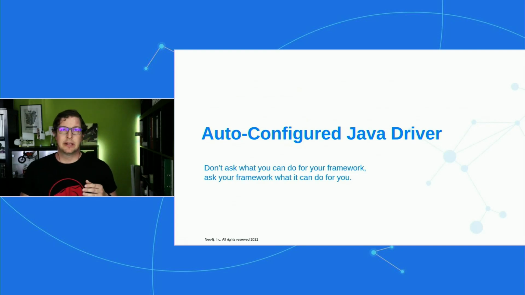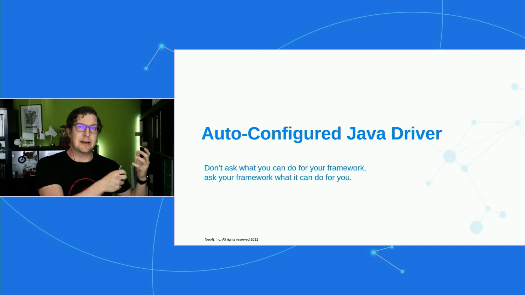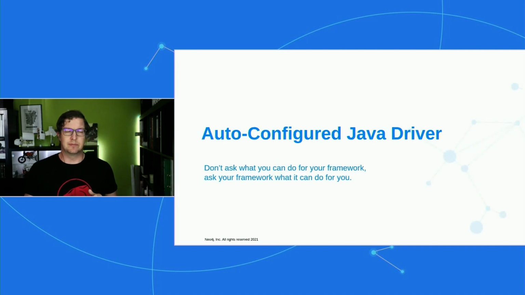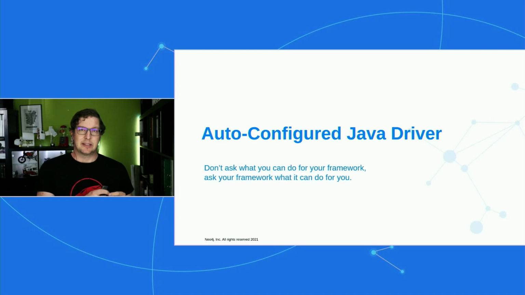So instead of having to go through all the configuration every time you want to create a driver, and then you only have it locally somewhere and not globally available within your application where you need it, and you have to do, I don't know, static fields or getter cascades to get to the driver, we want to create something that gets pre-configured for you, and you can use it within those frameworks.